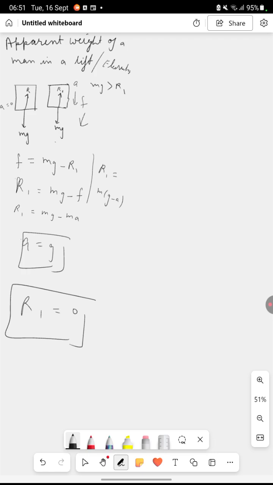Another case we can discuss: if acceleration is greater than g, what will happen then? If the acceleration is greater than g, that's the condition when R1 will be negative.